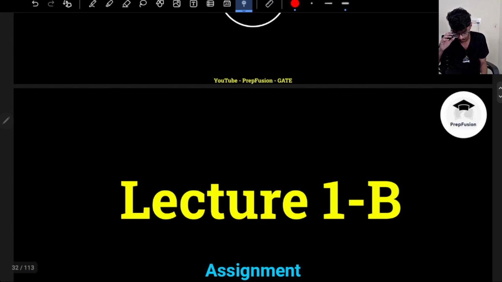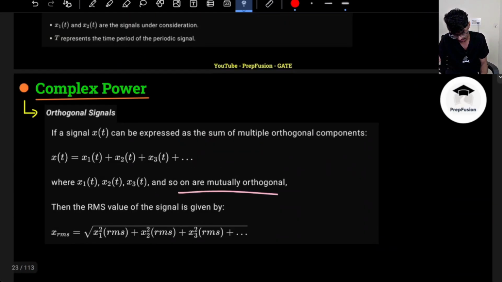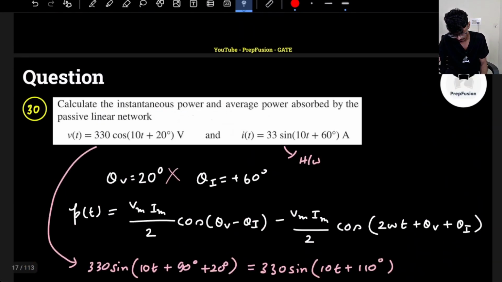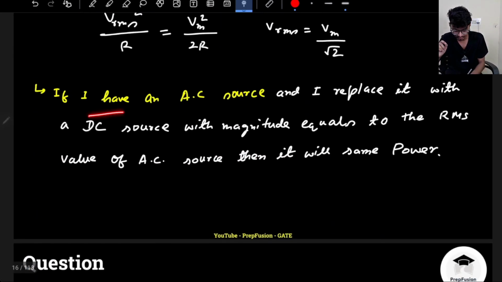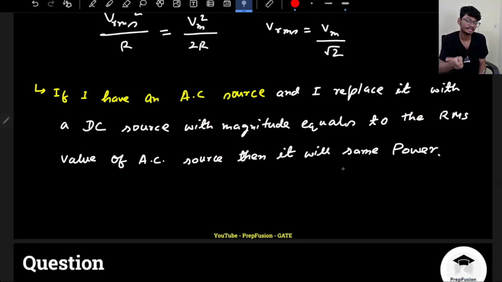I have written a point that another definition of RMS is this: if I have an AC source and I replace it with an equivalent DC source with magnitude equal to the RMS value of the AC source, then it will deliver the same power.